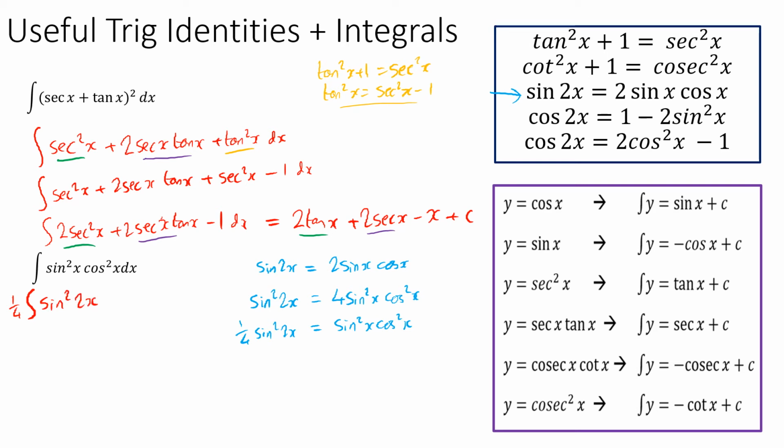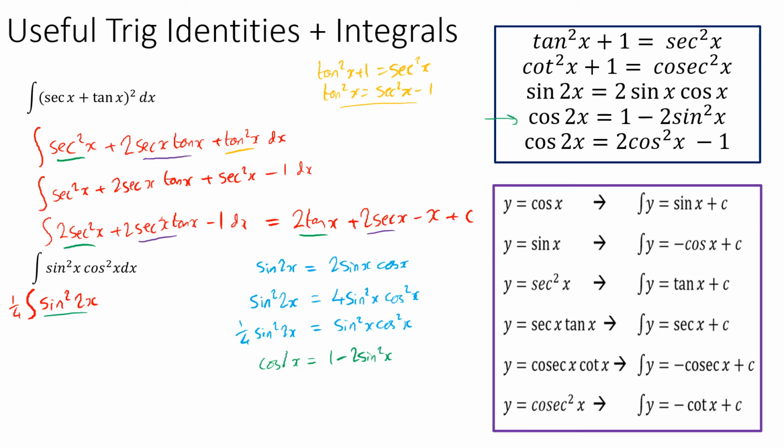But sine squared 2x is still not something that we can integrate. We still need to do some rearranging with that, and now we're going to use the cos 2x formula. So we know that cos 2x is equal to 1 minus 2 sine squared x, but we want sine squared 2x in this, so we're going to have to double the arguments.